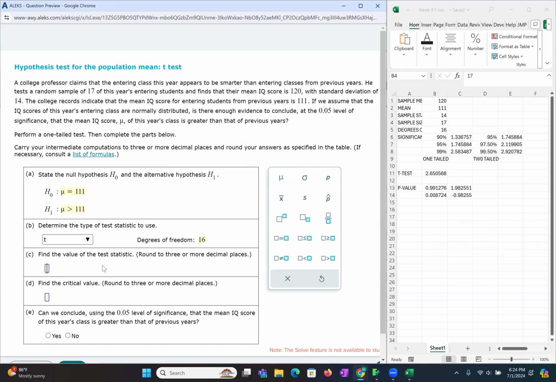What's the value of the test statistic? 2.6505. Okay, so 2.651. What's the critical value? It's 0.05, one-tailed.